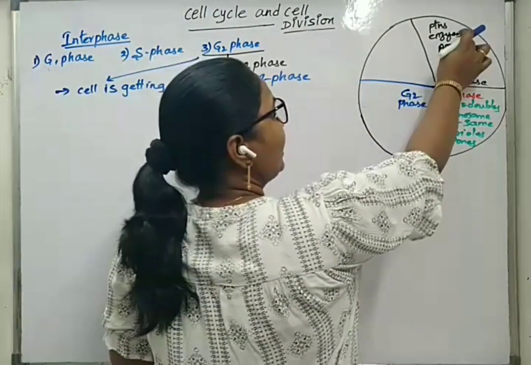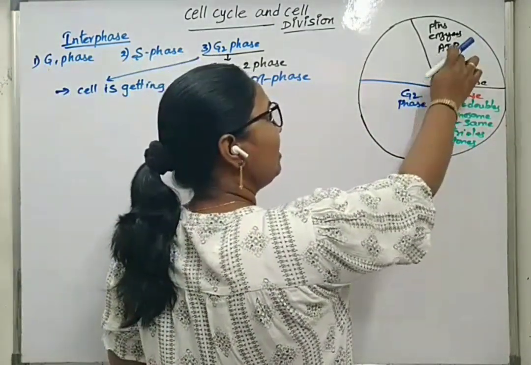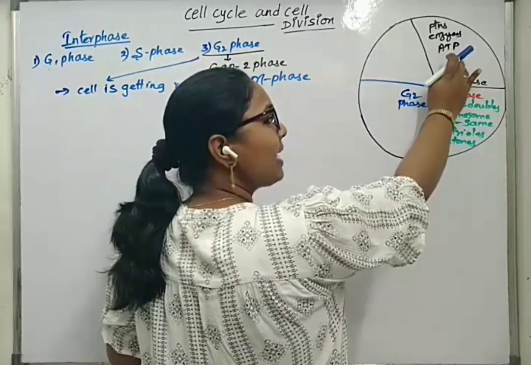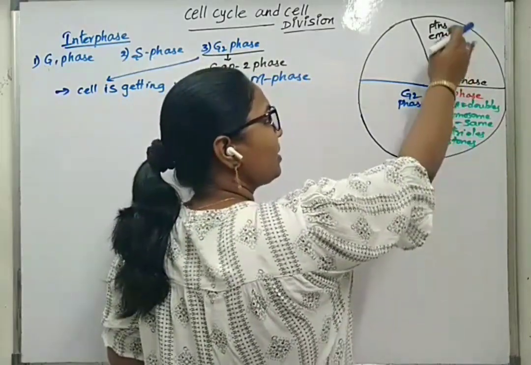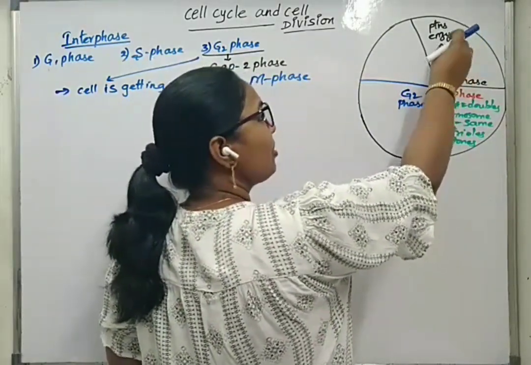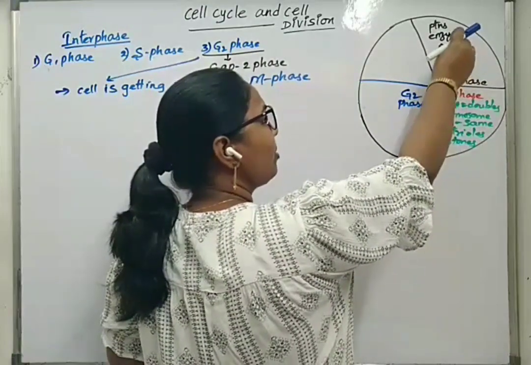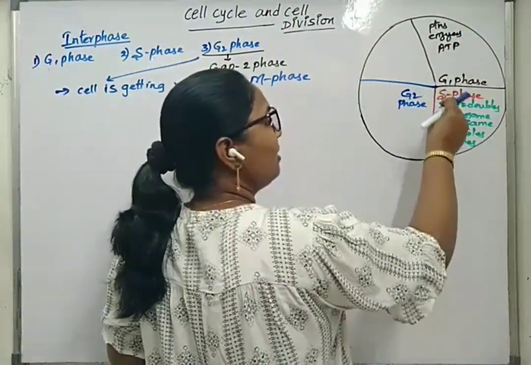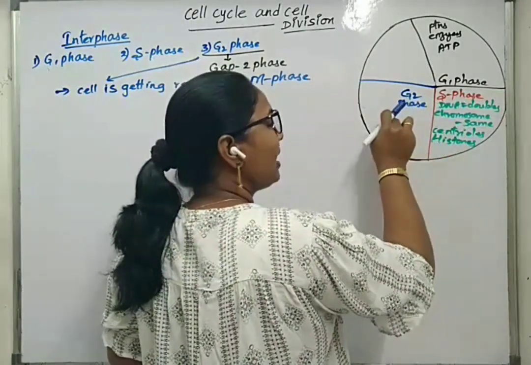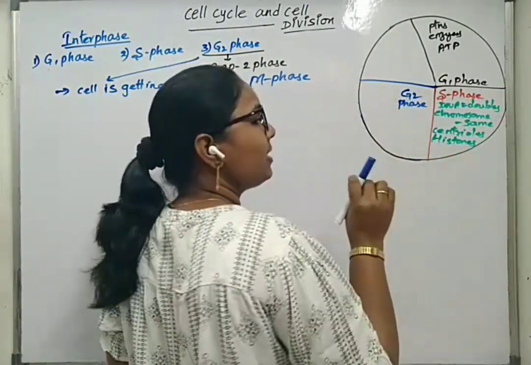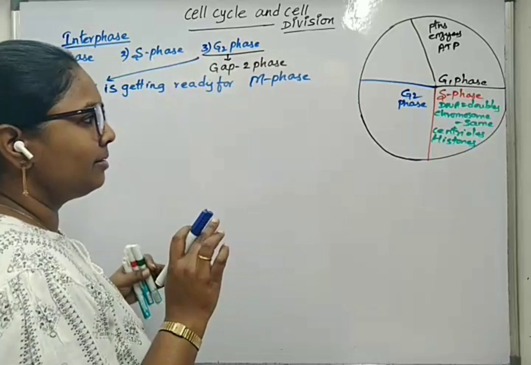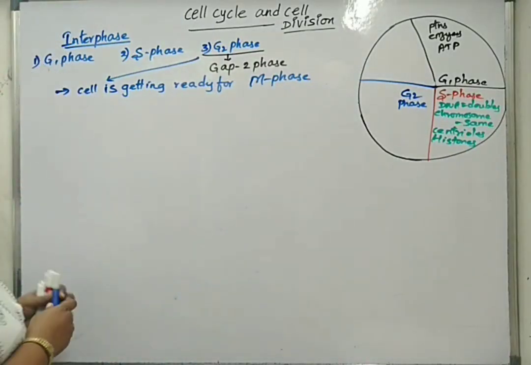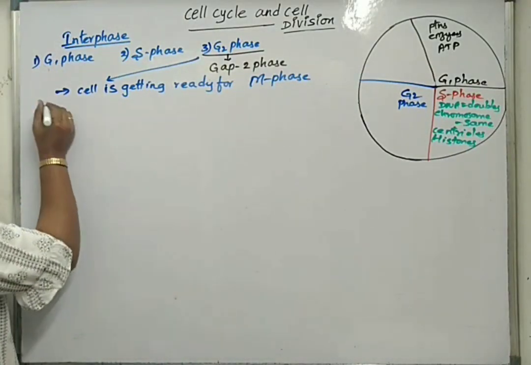Means when the enzymes and the ATP are being consumed, there will be some scarcity here. So whatever the decreased number of enzymes or required proteins or ATP by the time of S phase, that will be again resynthesized and completes its synthesis by the time of G2 phase.